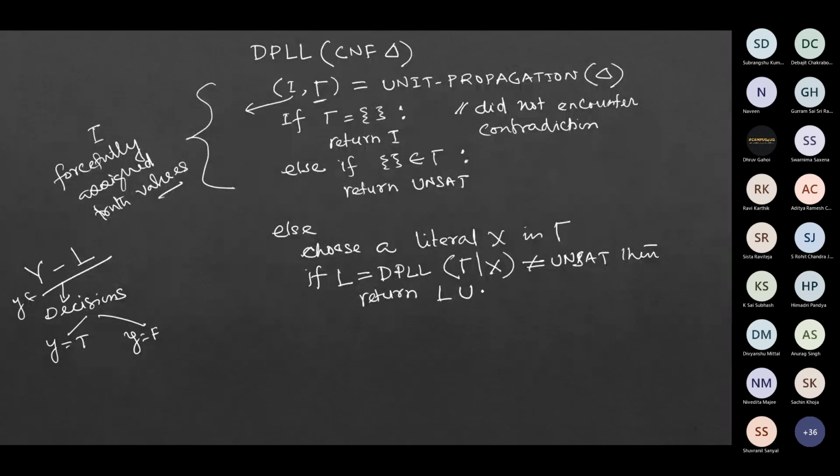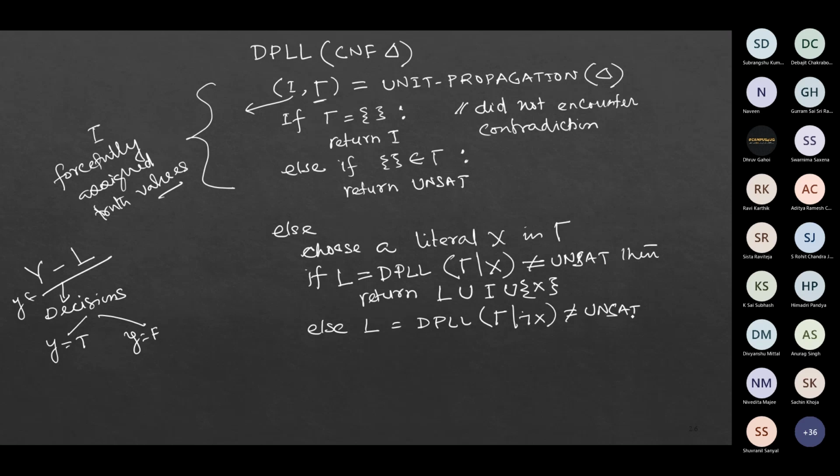So this is a solution to the sub problem, which is this gamma conditioned over X. And we have to add I to it, because for I we have done the truth assignment, and we have assigned positive value to X. So this is what we'll be returning, right? Else we check whether if we perform DPLL on negated X, if this becomes unset.